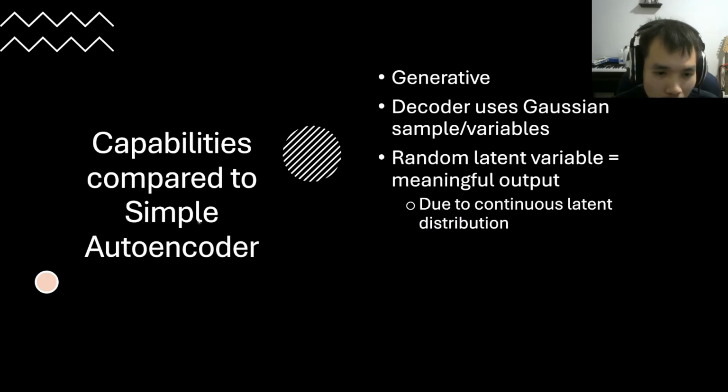Compared to the simple autoencoder, the variational encoder can generate different outputs since it has probabilities. It uses probabilities of the latent variables, and it uses Gaussian samples to get those continuous variables. Any random variable can output a meaningful image or data here.